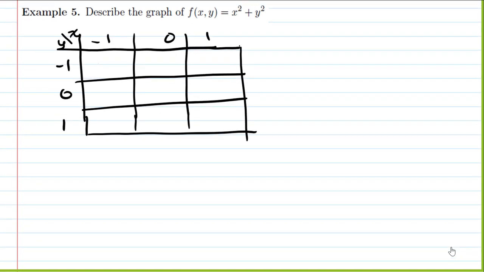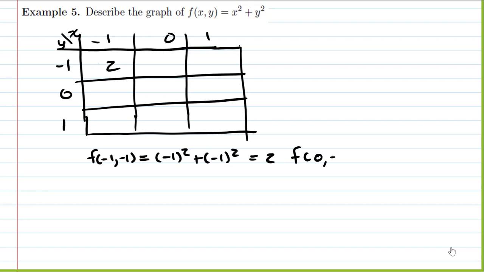So in this case, if we were to use x and y equals -1, f of -1, -1 would be -1 squared plus -1 squared, which would be 2. We could do f of 0, -1, which would be 0 squared plus -1 squared, which is equal to 1. And then we could do f of -1, 1, and we could continue doing this.